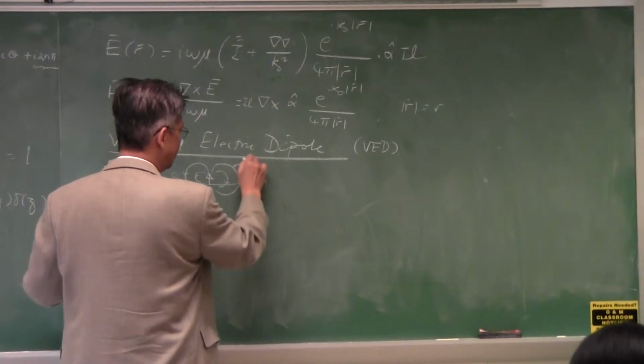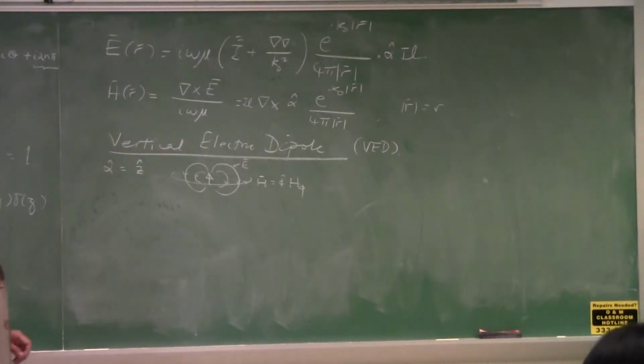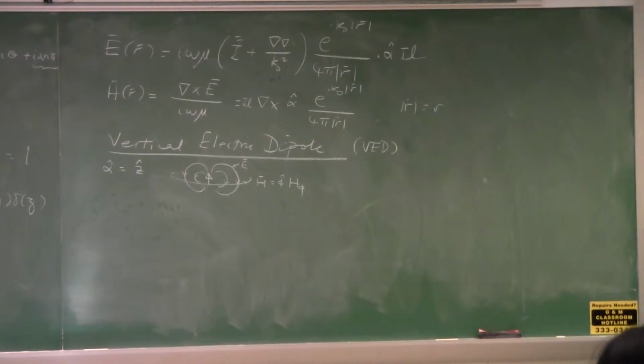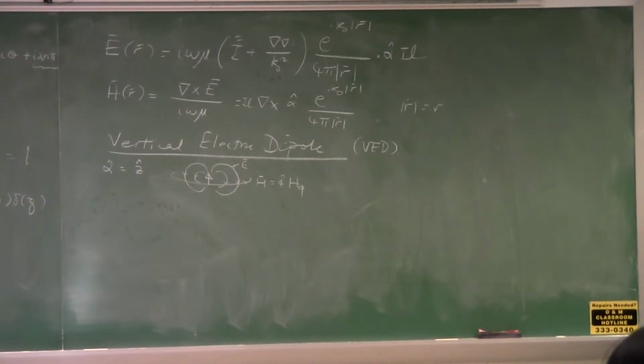This is E. And H is entirely oriented in the phi direction. So we know that this kind of field must be TM or TE. If I were to label it, even before I start with my math, TM, right? So it must be a kind of TM field.